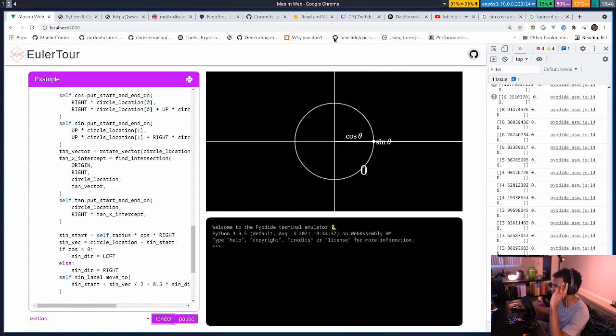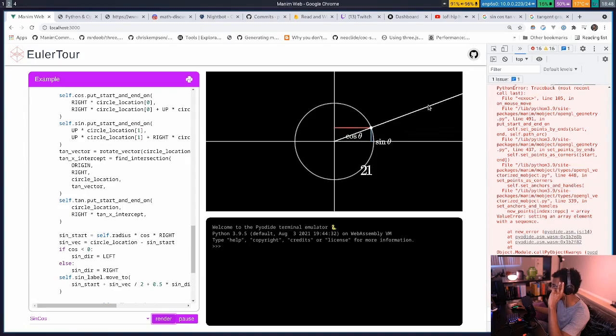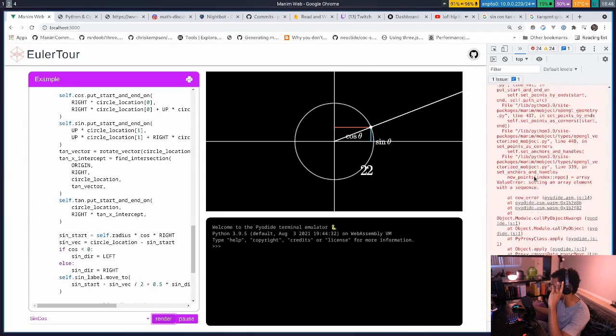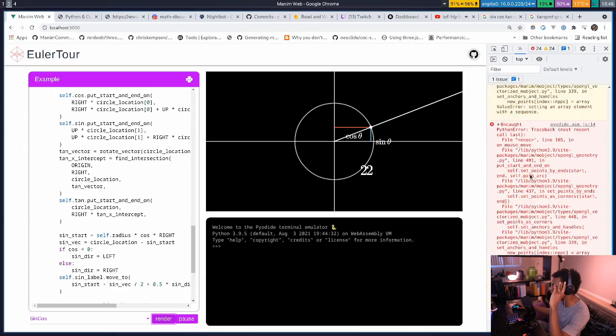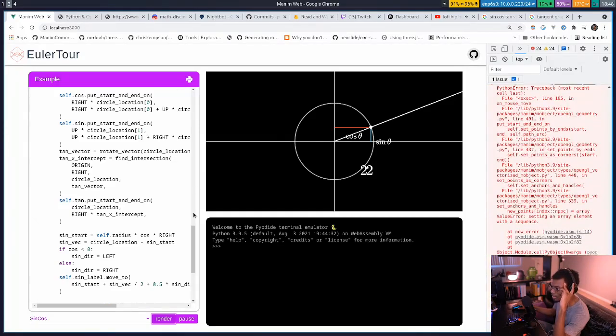And see how this works. And we get an error. What must have happened is that initially this value is something... Oh, wait. I think it's printed out a vector.